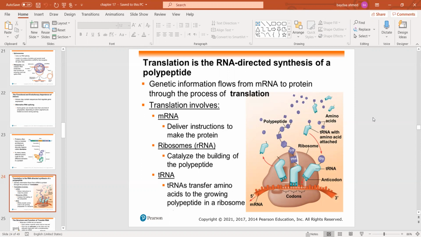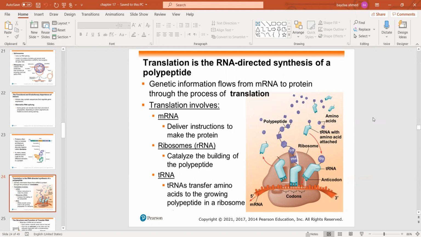In the process of translation, a cell reads a genetic message and builds a polypeptide accordingly. The message is a series of codons along an mRNA molecule, and the translator is called transfer RNA, or tRNA.